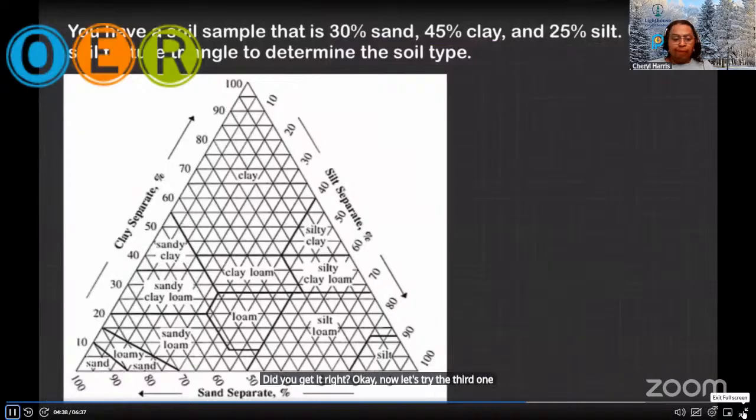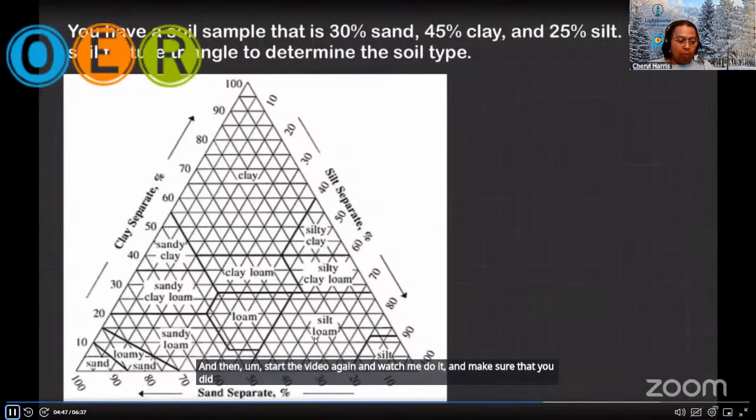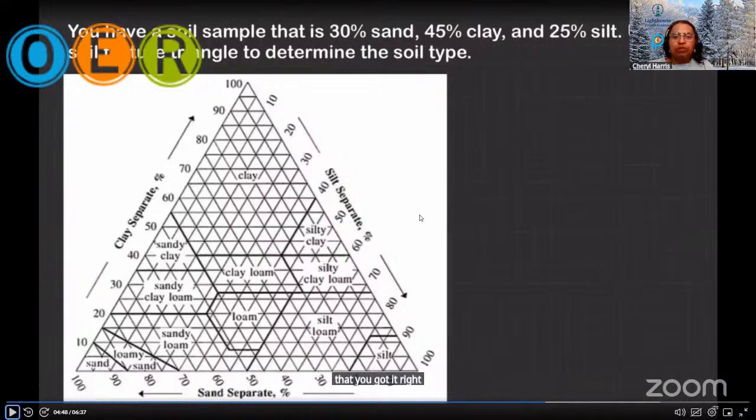Again, what I'd like you to do is pause the video, try it yourself, and then start the video again and watch me do it and make sure that you got it right. All right, so your measurements are up here at the top: 30% sand, 45% clay, and 25% silt.